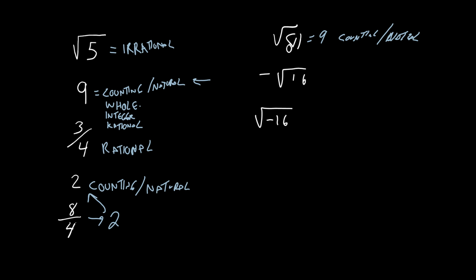What about negative square root of 16? Because when I do the square root of a number, I'm looking for the principal square root, that is the positive number of the square root. This could simplify to be negative 4. Negative 4 is an integer.